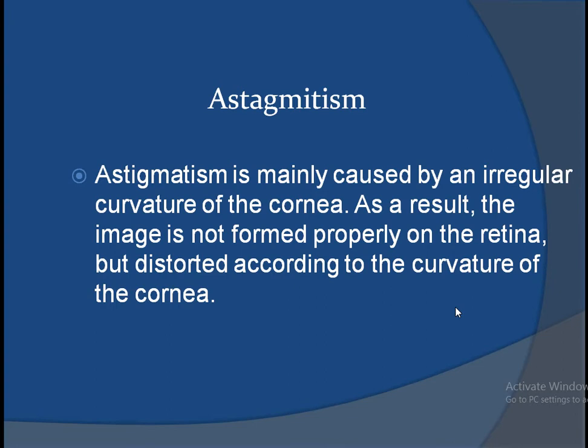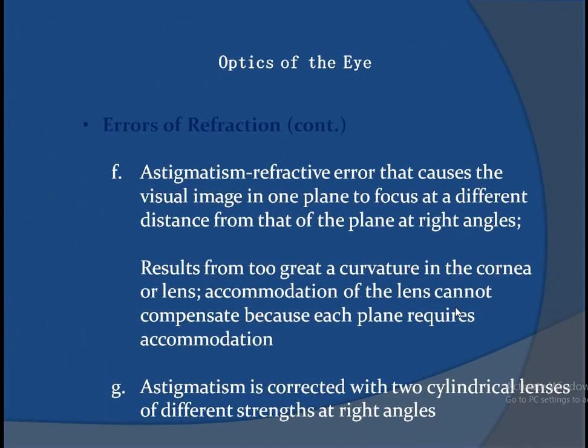In this type, the eyeball is rather of egg shape, not the globular normal shape. Because of that and because of the change of the curvature of the cornea, the image is not formed on a fixed point. Rather, two points are there, so the image is formed in a very different way.